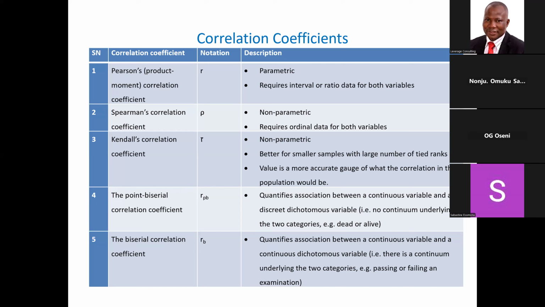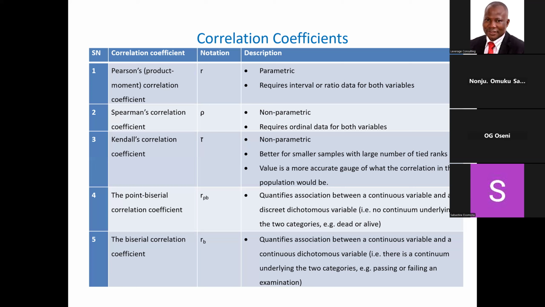But when there's skewness, it does not follow a normal distribution, and it doesn't work. So that's why many other people described different types of correlation coefficient. Pearson requires interval or ratio data. It has to be interval or ratio, numerical, continuous.